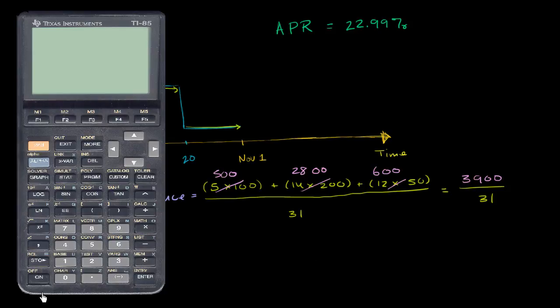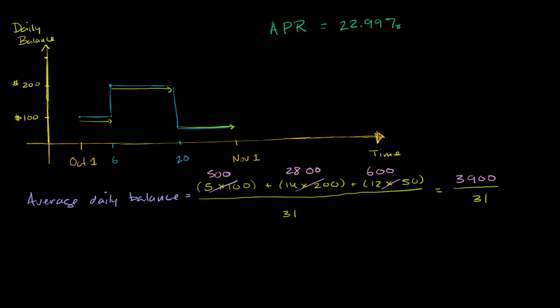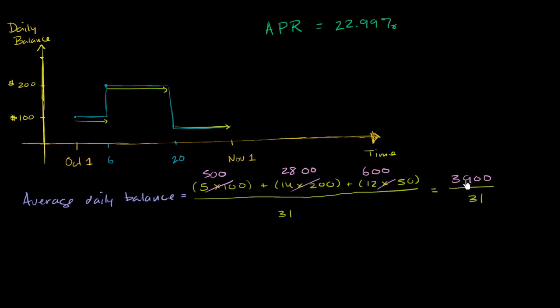So $3,900 divided by 31 gets us, if we round to the nearest penny, $125.81. This is what your average daily balance would be.